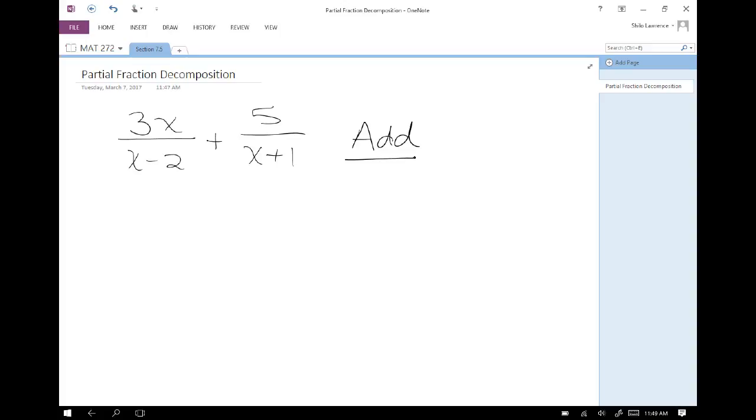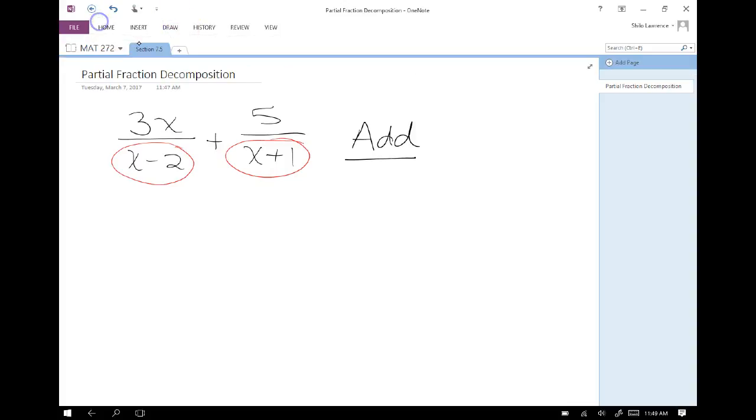If we wanted to do that, we would have to get common denominators. These two denominators do not match. And whether those denominators are numbers or whether they have variables, in order to add or subtract fractions, we have to have common denominators.